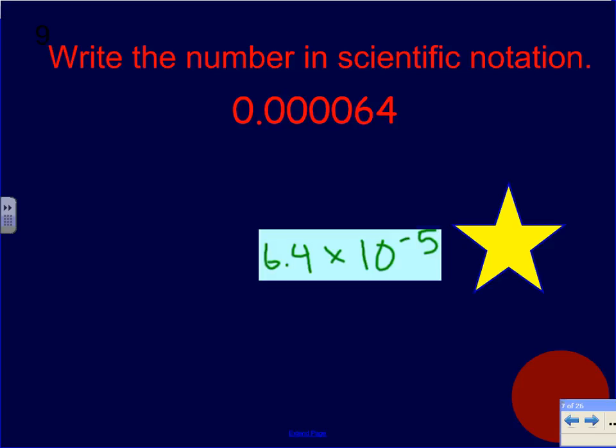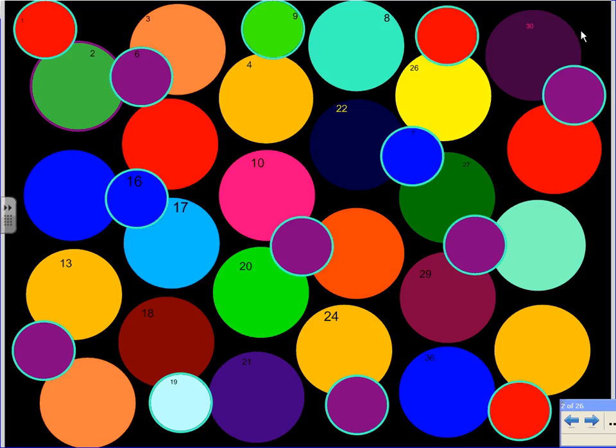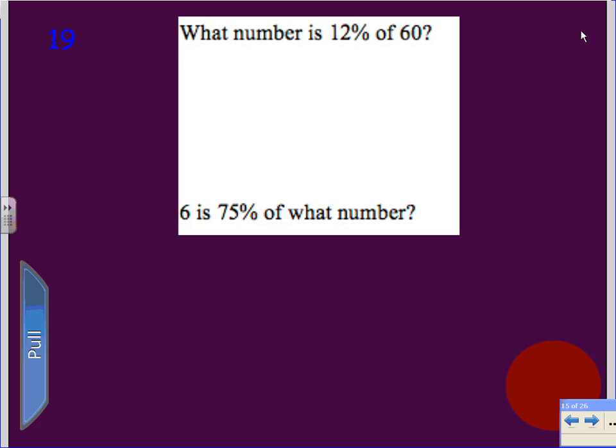All right, Mike? Okay, you need to solve both of those. So what number is 12% of 60? And then the second one is 6 is 75% of what number? You need to get them both right. So if Mike's team doesn't get them, other team, be ready. One of them is a decimal, one of them is nice.